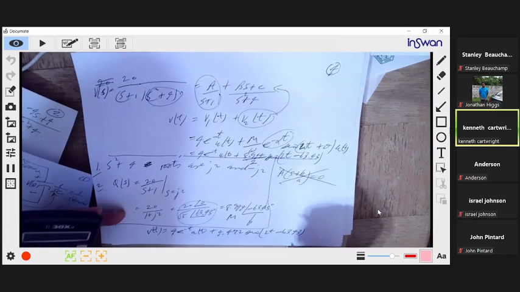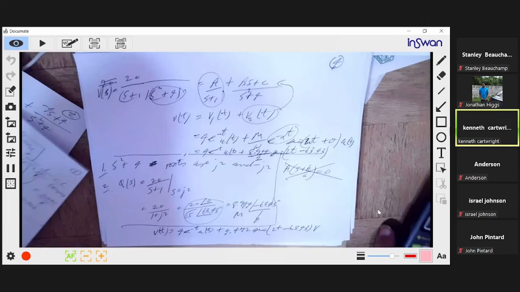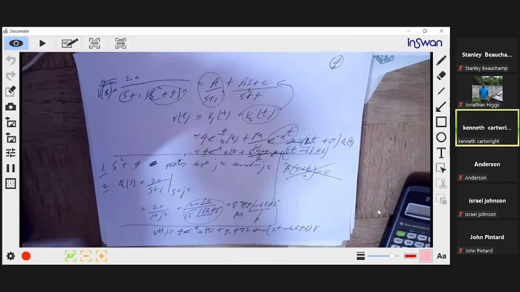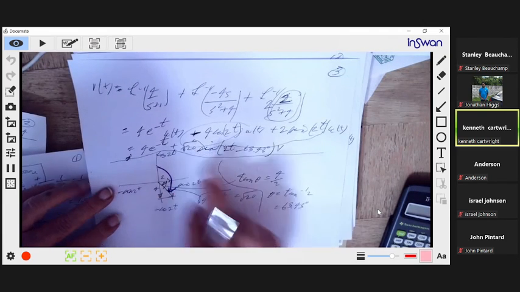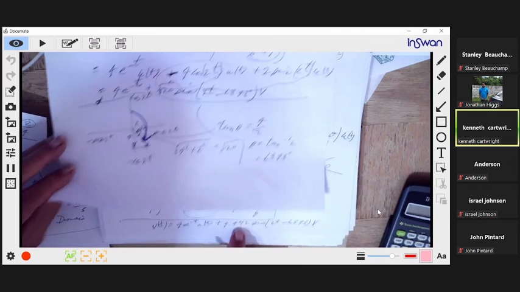And this is exactly the same thing we got earlier by the other method. See there? This is square root 20. What's square root 20? It better be 4.472.